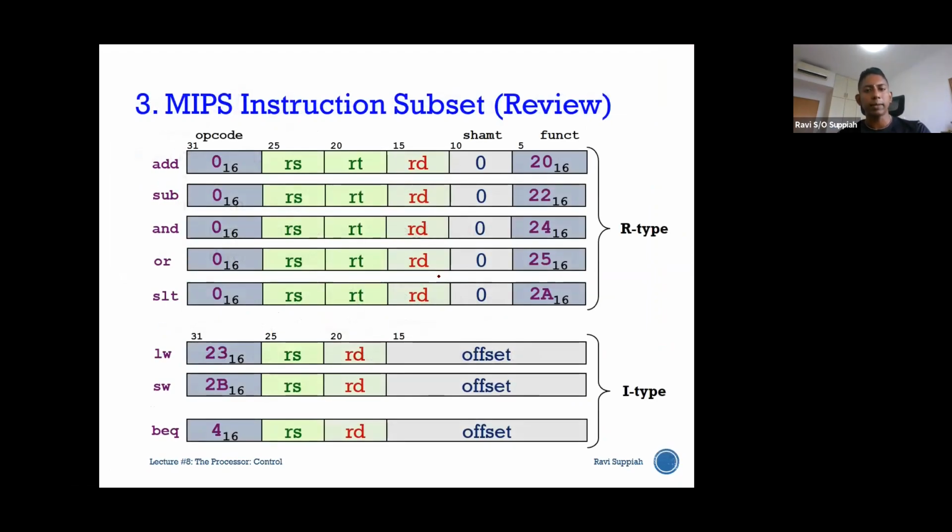The first step is to go back to our instruction format. For R type instructions, like add, subtract, and so on, we have this particular format, which is standard for R type. That means you have a 6-bit opcode, RS, RT, RD, shift amount, and function field.